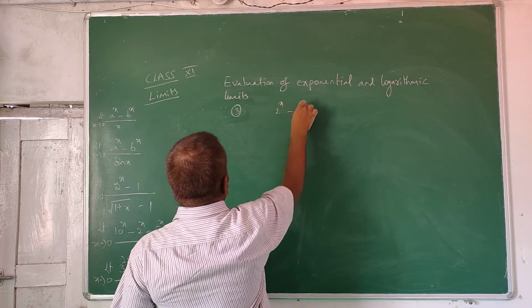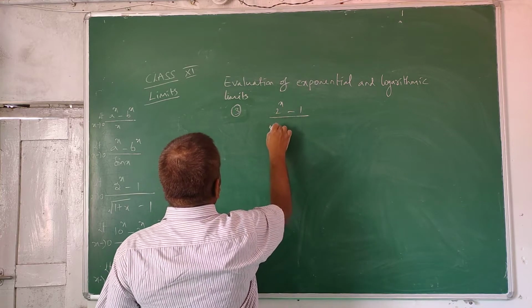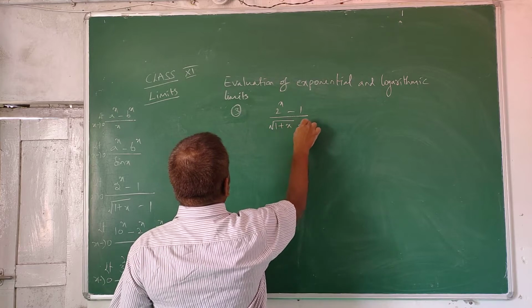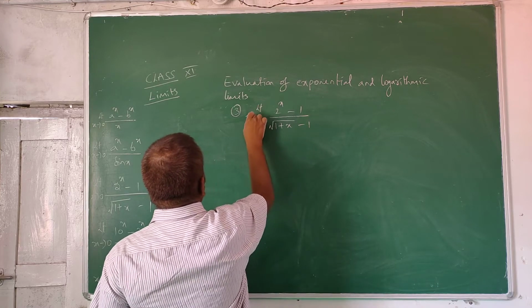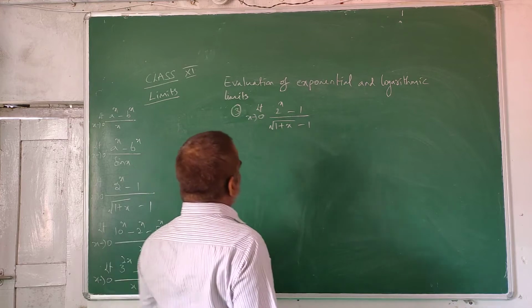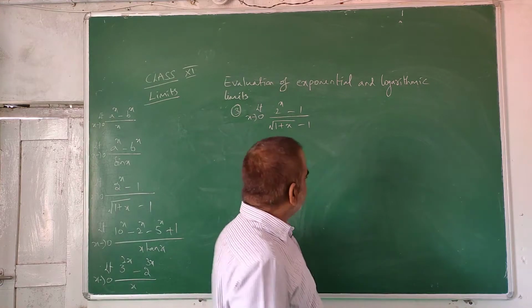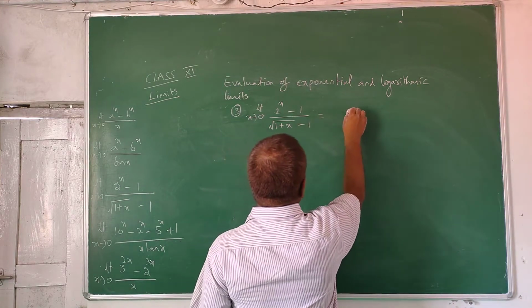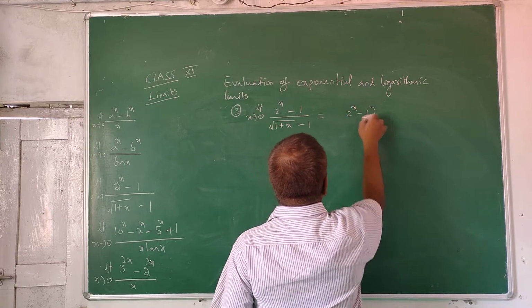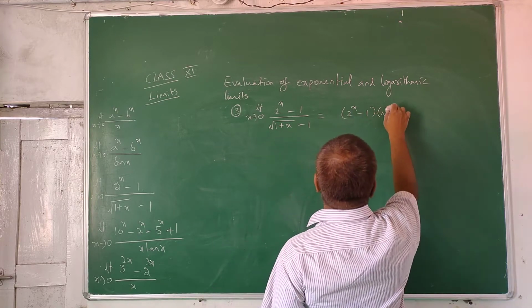2^x minus 1 by root(1 plus x) minus 1, as limit x tends to 0. This is our next question. Here we have to rationalize the denominator. For this you have to multiply with the conjugate.